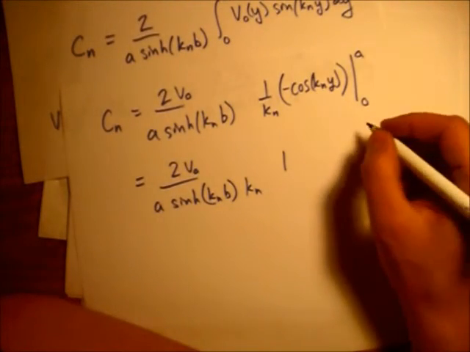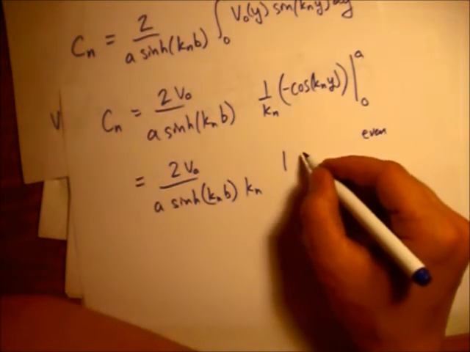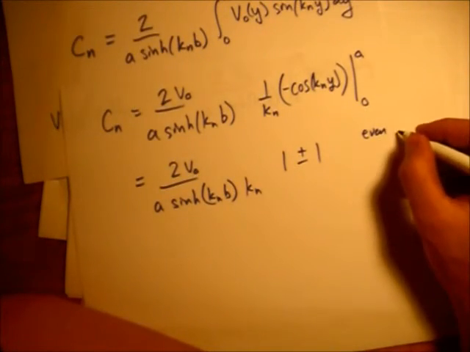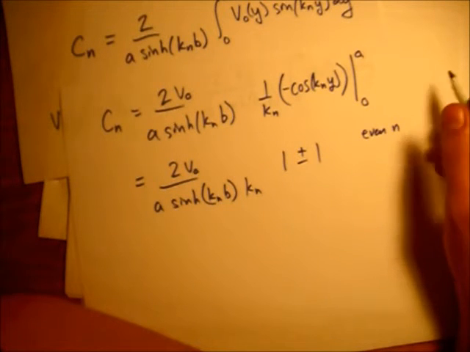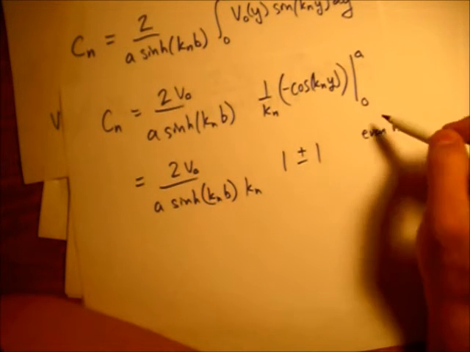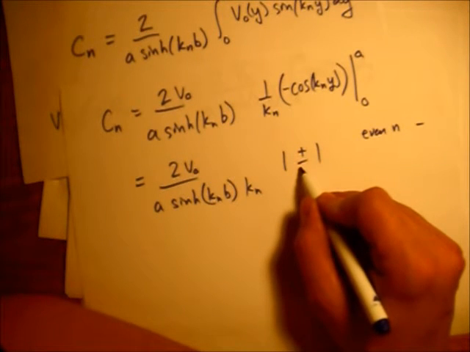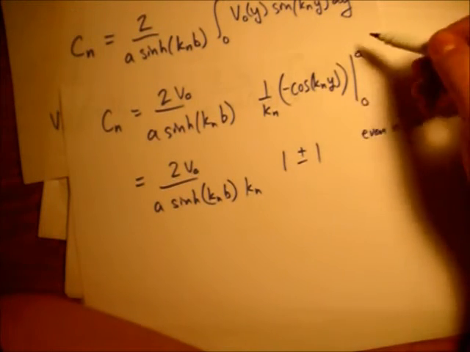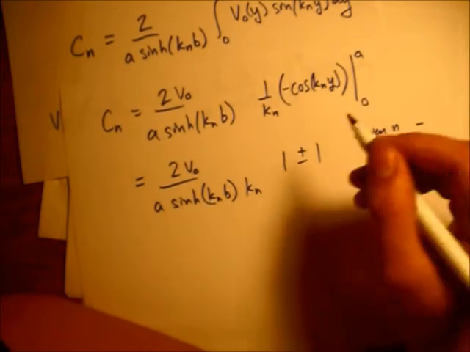So for even, let me write this as a plus or minus 1. For even n, which includes 0, we will get minus. Is that correct? Yes. We get the minus sign here. Why do we get the minus sign? Because we're subtracting off the limit of integration.